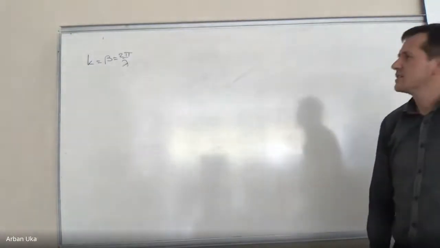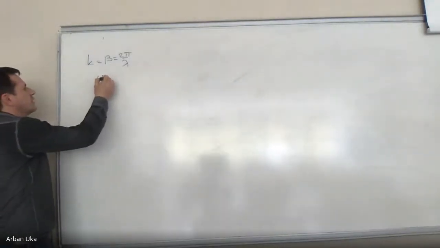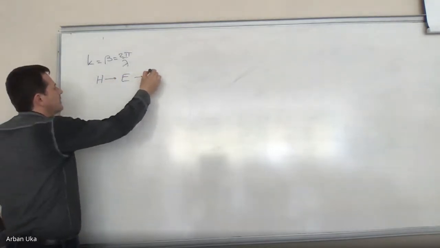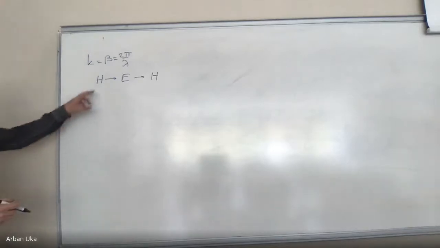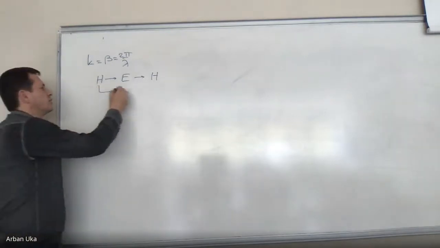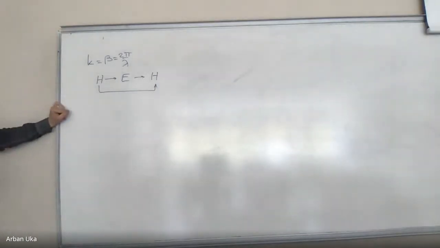So in the previous class, a trick that can be used is this: if we are given the H, from H we can find the electric field, and from the electric field we can find the magnetic field again. Okay, so we can do this. These are also nice examples to work with, because if we do this twice, in the end we have to get the same H as the initial H that we were given.